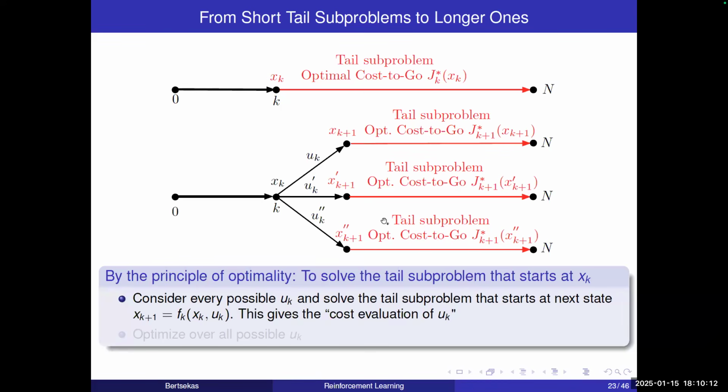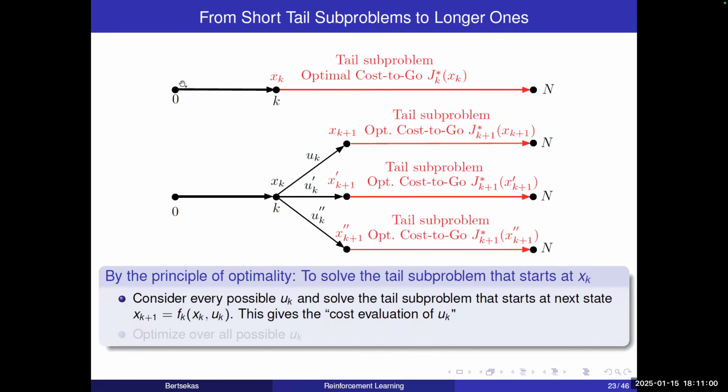The significance of the principle of optimality is that it tells us that if we solve a tail subproblem, then the solution of this tail subproblem can be applied to address the original problem. More specifically, let's assume that at stage k, we want to solve a tail subproblem starting from xk. We can rely on the tail subproblem starting from xk plus 1 and then go backward in stage.